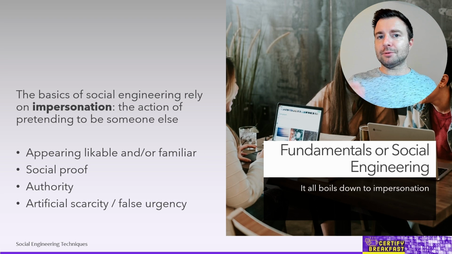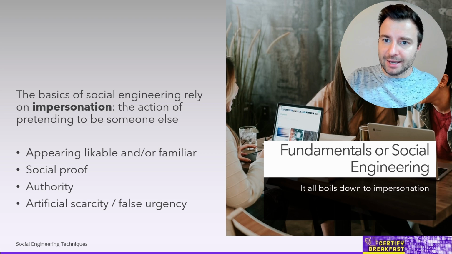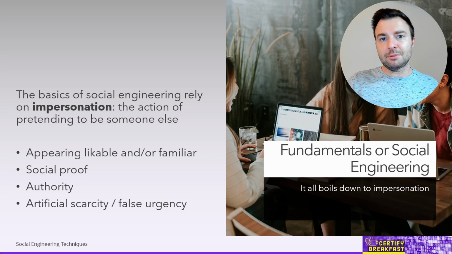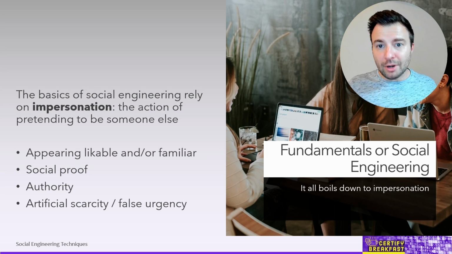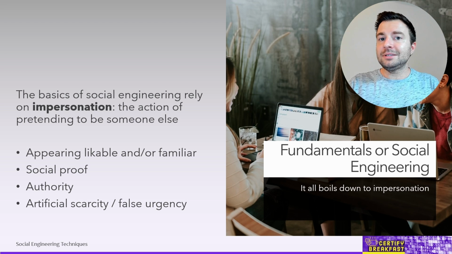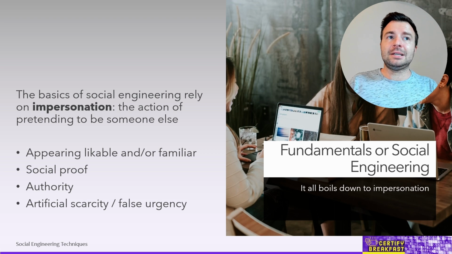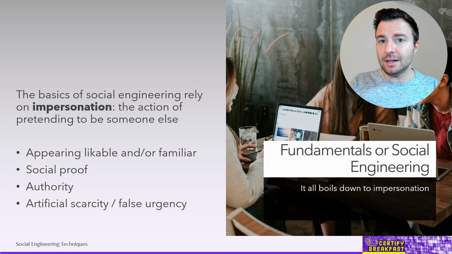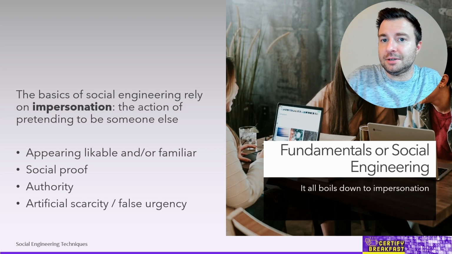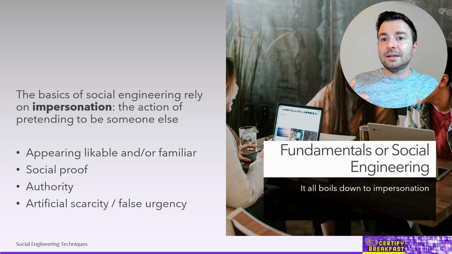Artificial scarcity, well, this one applies more to sales, right? Because if you're not buying right now the last item on sale, you're going to miss it forever and you're going to regret it for the rest of your life. Or it might be, in case of social engineering from a security perspective, masked as, let's say, a link in an email that you are the lucky winner of something, that you have been especially selected by invitation.